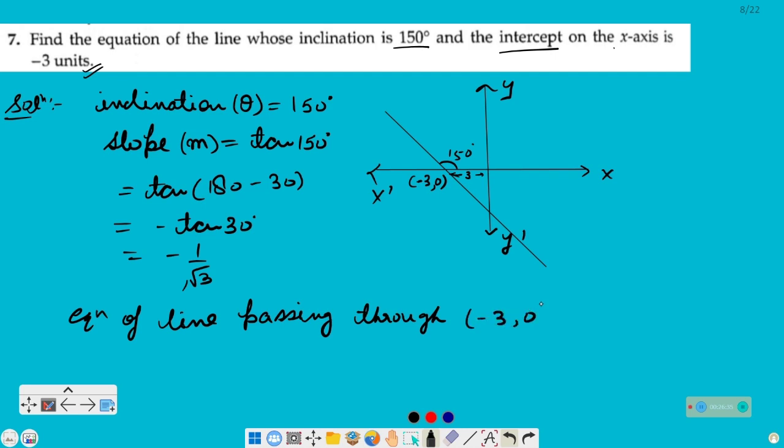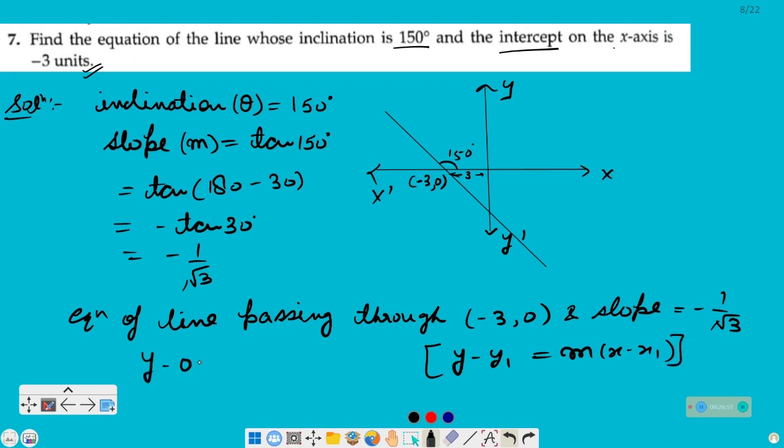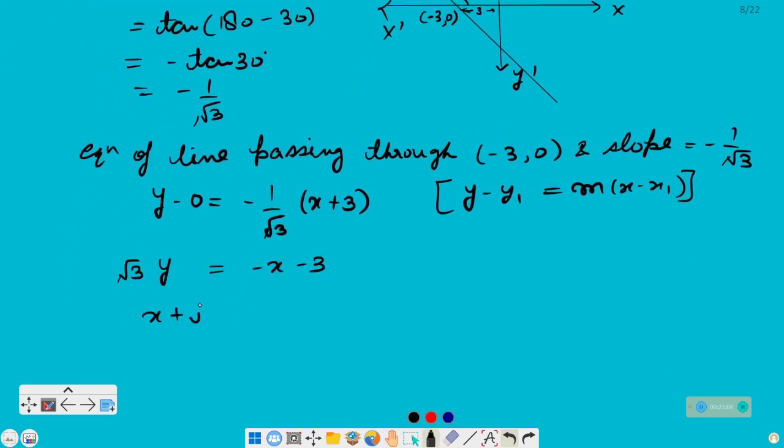Equation of line passing through minus 3, 0 and slope minus 1 upon under root 3. y minus y1 is equal to m(x minus x1). अंडर रूट 3 y प्लस 3 इज इक्वल टू 0. अब देखिए इसमें आप डायरेक्ट फॉर्मूला भी अप्लाई कर सकते हैं.